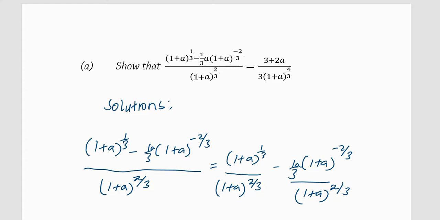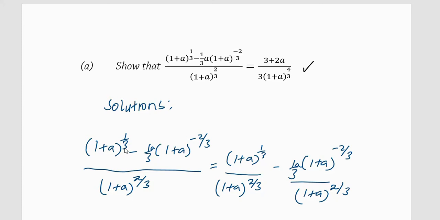The guiding question says, show that (1 plus a) to power 1/3 minus 1/3 a (1 plus a) to power negative 2/3, everything divided by (1 plus a) to power 2/3, is equal to (3 plus 2a) divided by 3(1 plus a) to power 4/3. This question requires application of laws of indices, and when you simplify this expression, you should come out with what they have given us on the right hand side. Let us look at the solution.